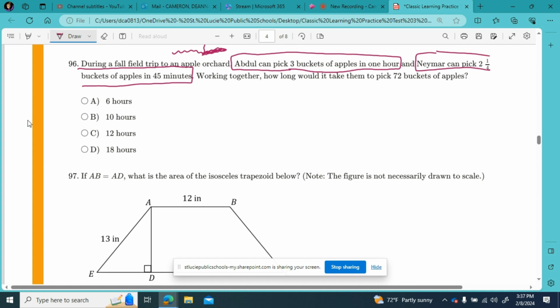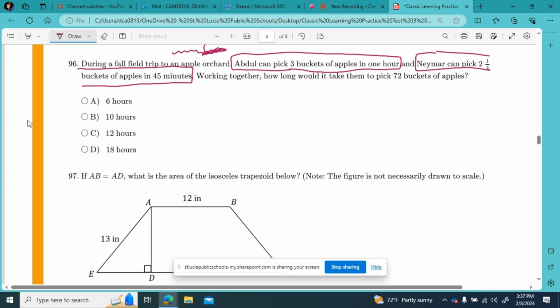And all my answer options are in hours. This is an hour. This is in minutes. So I'm immediately going to take that 45 or the 1 hour, 60 minutes. I'm going to look at this in minutes at first, and then I'll convert it over to hours.